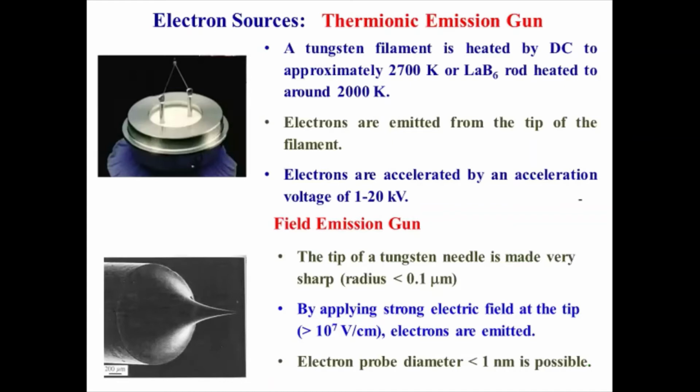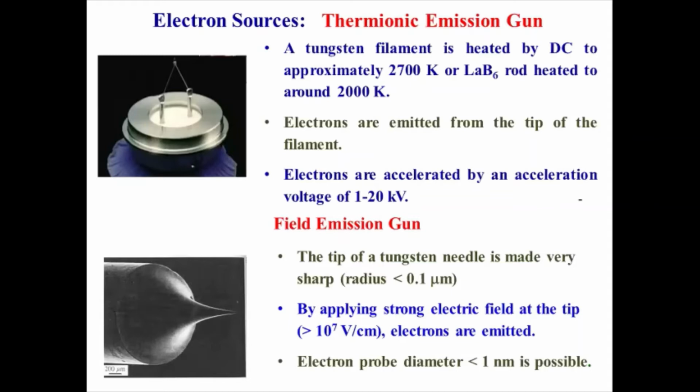We used to get the vacuum conditions by operating the pumps continuously for more than 3 days. Then we used to get the low pressure, that is UHV conditions. Nowadays with advancement in vacuum technology you can get the UHV conditions within 5 to 6 hours.